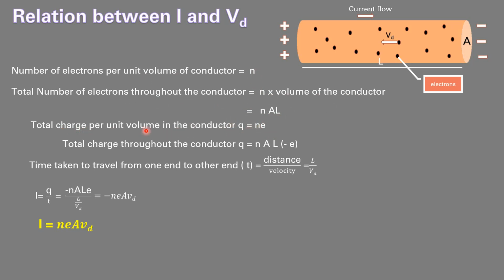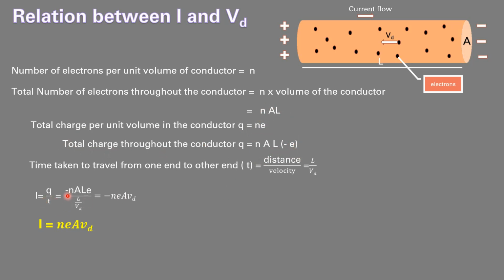If you want to calculate the charge throughout the conductor, you have to use the total number of electrons throughout the conductor, which is nAL, multiplied with the negative charge of the electron. So Q = minus nAL into e.